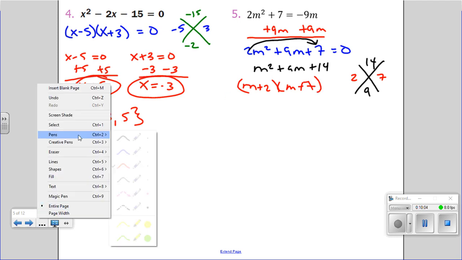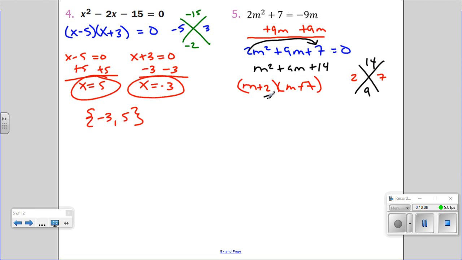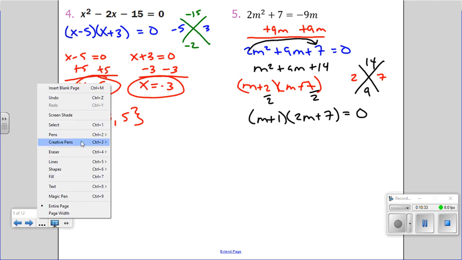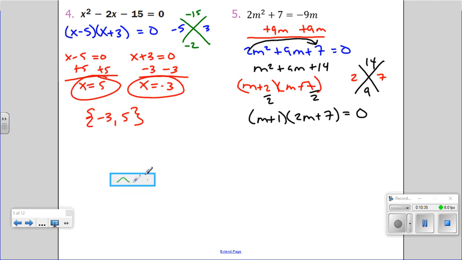And now we have to go back and divide by 2. Whatever we slide is what we divide, don't forget. Reduce the fractions. So you would have m plus 1 and 2m plus 7 in the second one. And then bring down the equals 0. Now finish solving the equations by separating the binomials.